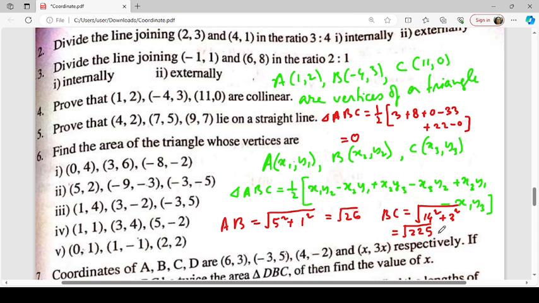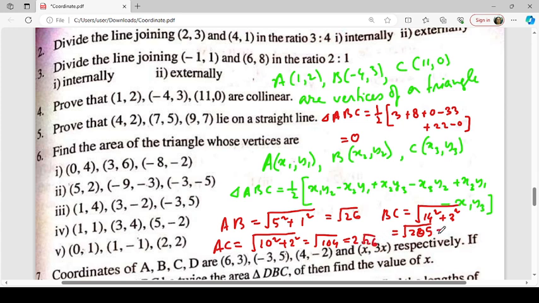Then AC is root over (1 minus 11), it is 10 square, plus 2 minus 0, it is 2 square. So this is equal to 104. 104 is 4 into 26, so it is 2 root over 26.